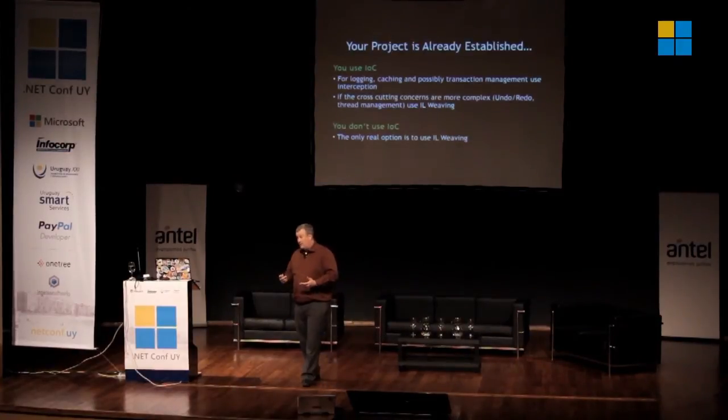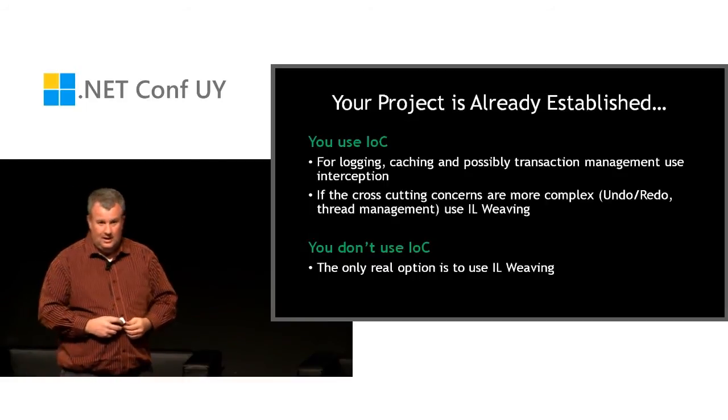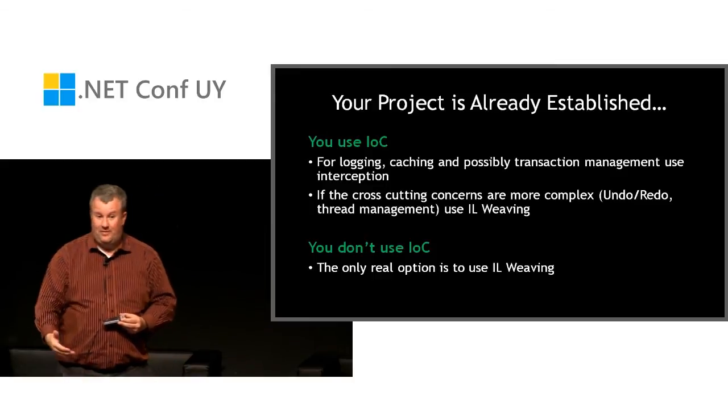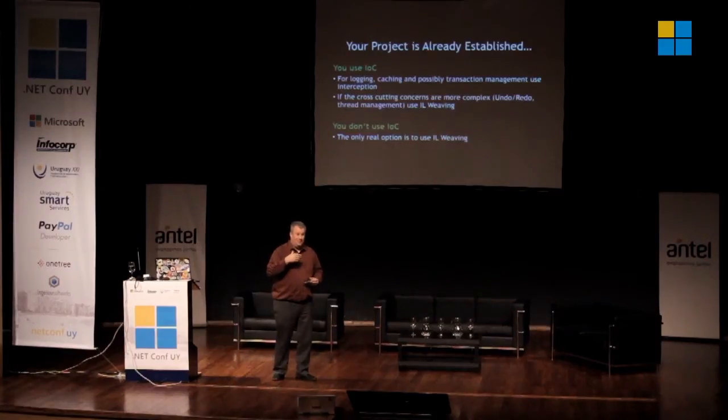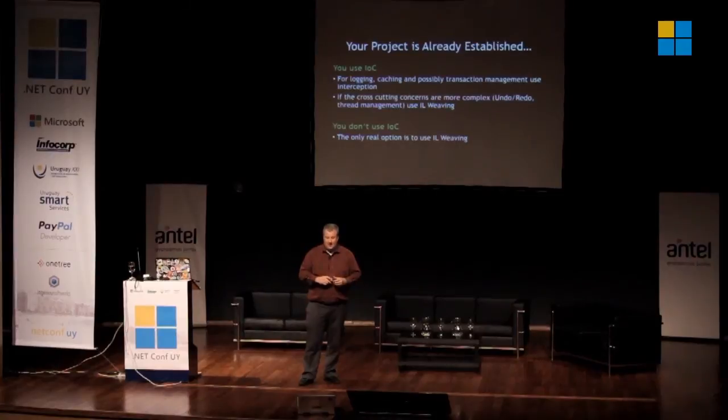So if you're in that existing code base and you don't have IOC, look at IL weaving. You don't have to spend as much money on time and people refactoring code. You don't have to accept the risk of refactoring the code, but you do have to outlay a little bit of money for a product probably. So the cost benefit is much better going with IL weaving.